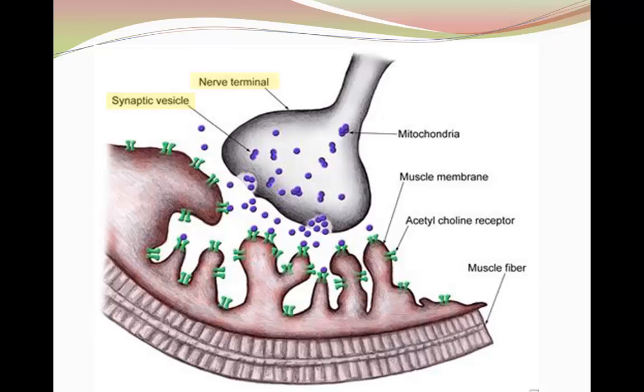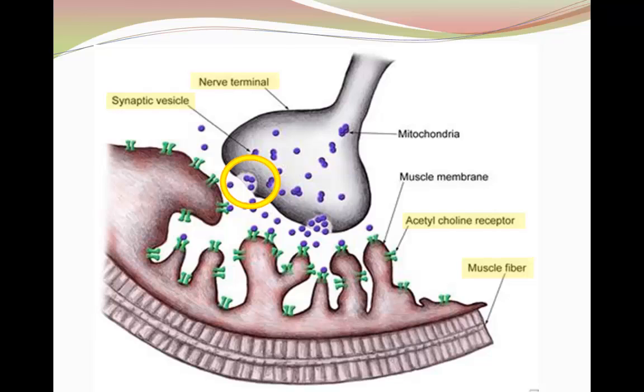Then there's the muscle fiber itself. So the grey is the motor neuron, the red is the muscle fiber, and all the space in there is very, very tiny, but the space remains nonetheless. And then last of all is the acetylcholine receptor. So what happens is the synaptic vesicle will actually release acetylcholine.